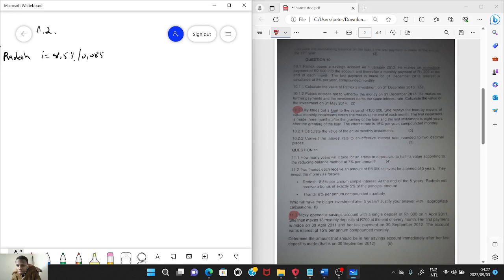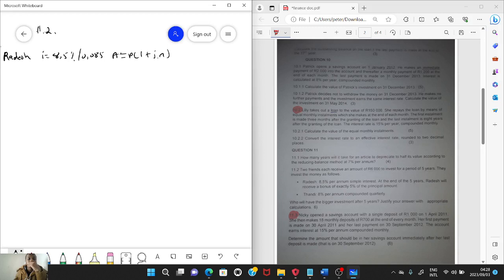What do I know? Because they are speaking about investing, I'll use the simple interest equation that has a plus sign. Why? Because a plus sign in real-life application has to do with an increase in something, since the money is going to grow. So that's my data on Radesh.